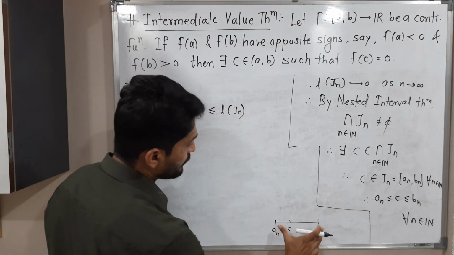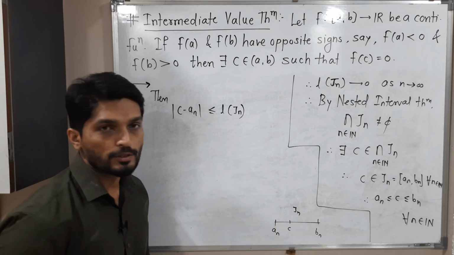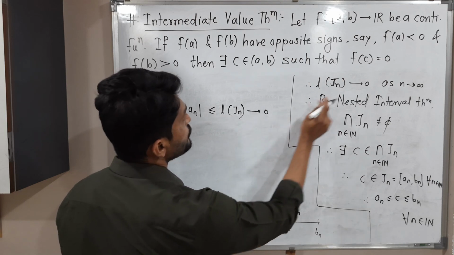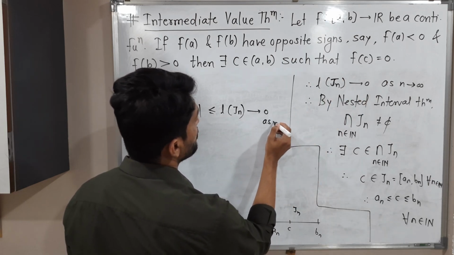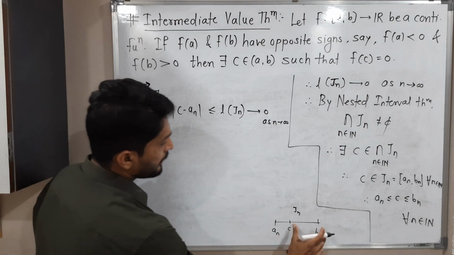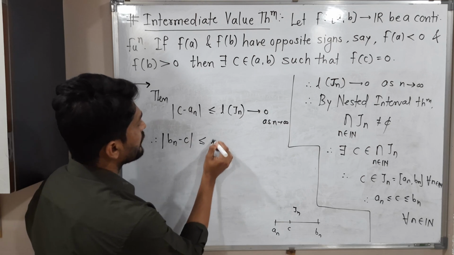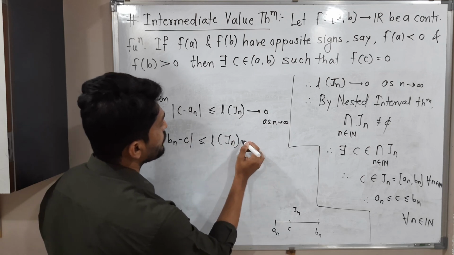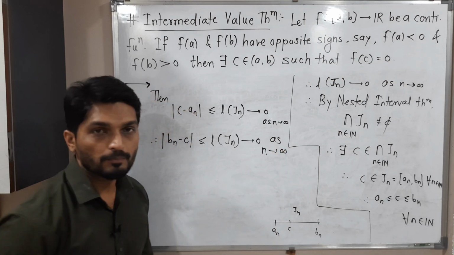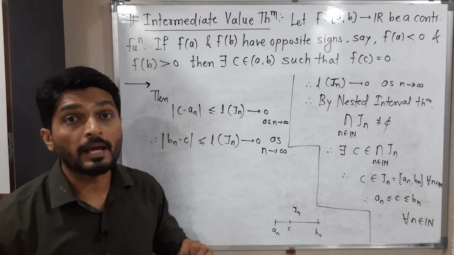This is the interval Jn, so the distance between these two points is obviously less than or equal to the length of Jn, which goes to 0 as n tends to infinity. The same thing we can write for mod bn minus c, the distance between bn and c, less than or equal to the length of Jn, and it goes to 0 as n tends to infinity. So this distance goes to 0, that means an is approaching c.